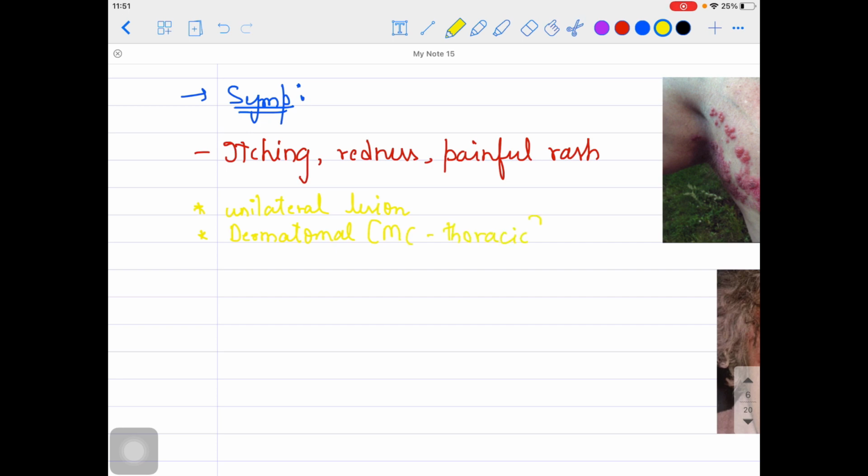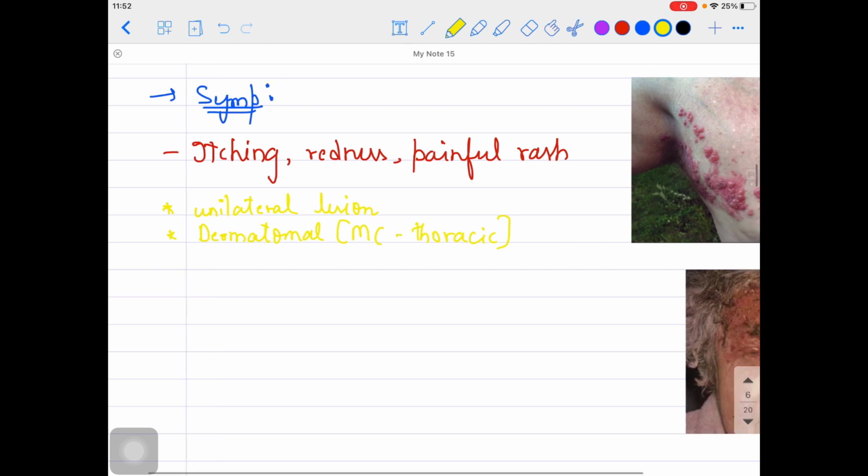Dermatomal means they follow a particular dermatome. For example, in the thoracic region they will follow only the thoracic region, but it differs from person to person. Somebody might get it in the abdominal region, or in both the thoracic and abdominal regions.